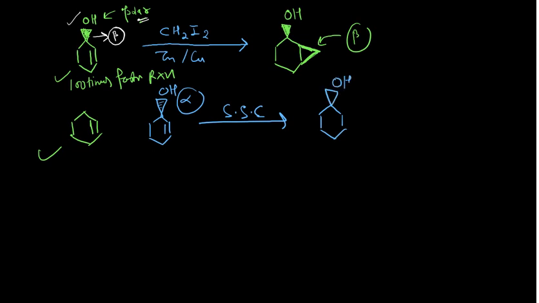This would be the OH, and this is your cyclopropane ring, and that would also be alpha. So this is alpha, this is also alpha. So this is the stereospecific nature. If you started with this stereochemistry in the substrate, you will end up with this stereochemistry in the product, that means both beta. If you change the stereochemistry of this polar group, then the stereochemistry of this cyclopropane ring will also be changed. This is the stereospecific nature.